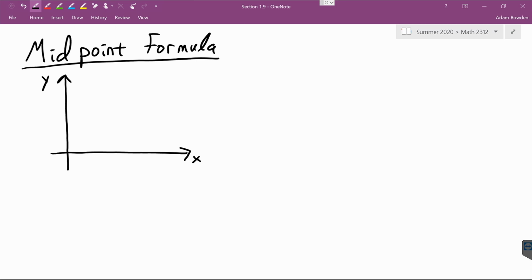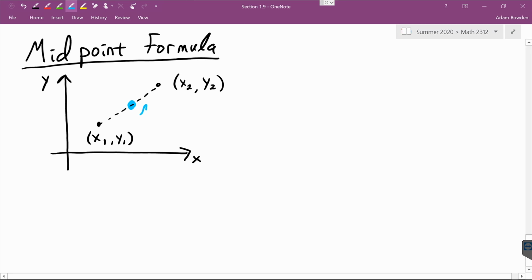All right, now let's take a look at another formula called the midpoint formula. Kind of similar to what we were doing with the distance formula, we're going to have 2 points, x1, y1, and x2, y2. But rather than calculating the distance between these 2 points, we just want to find the point right down the middle that's equally distant from both of the 2 points.